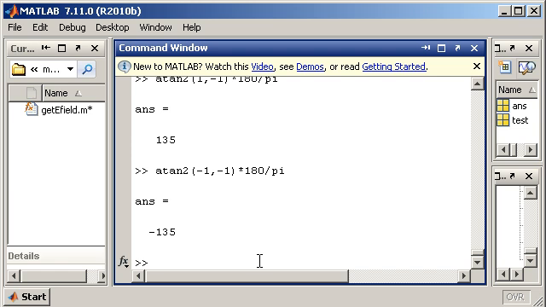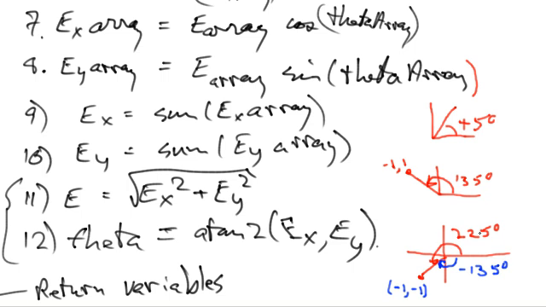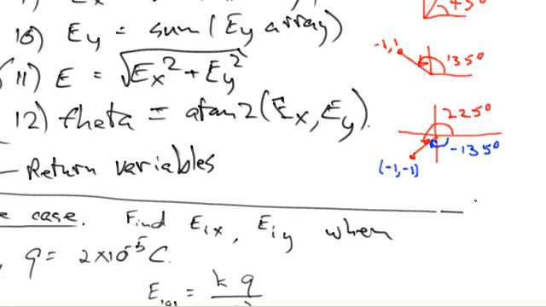Minus 135. Cool. And then the last one, and I got to remember to put it in the right order. It goes y comma x for the arguments there. The last one would be right over here. I see that coming out negative, so I'll just work with the negative here. It's minus 45 degrees if I'm at 1 comma minus 1.